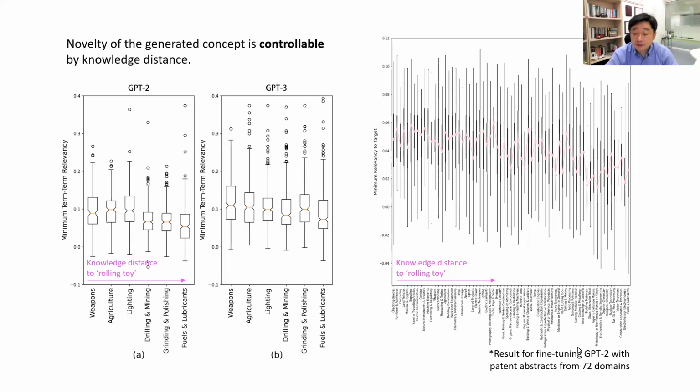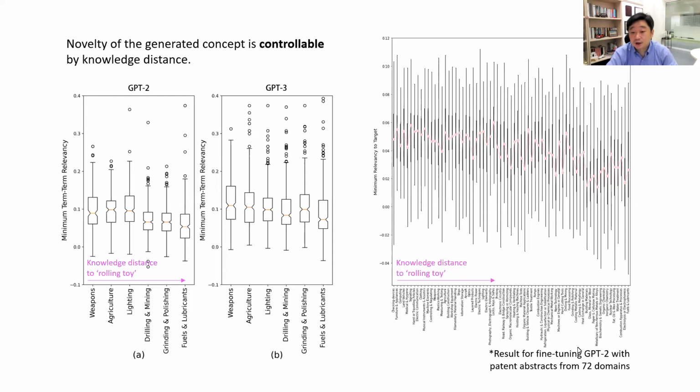And later on, we also utilized patent and abstract text from 72 domains to fine-tune the generic GPT-2 model into 72 domain AI experts. Then we ask this set of 72 AI experts with different knowledge specialization to generate role-deployed design concepts.